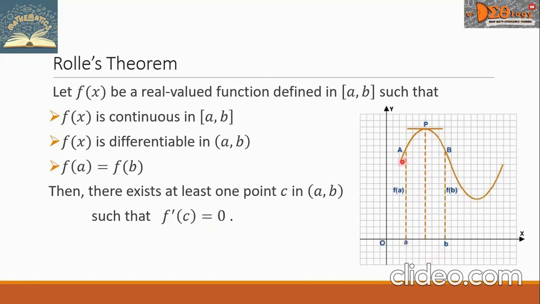We can see that the graph is continuous from point A to point B. And since it is continuous, it is also differentiable in the open interval from A to B. Assuming that f of A equals f of B, then there is at least one point C. The point is here, and it is represented in the graph by the point P. And at point P, we have a horizontal tangent.